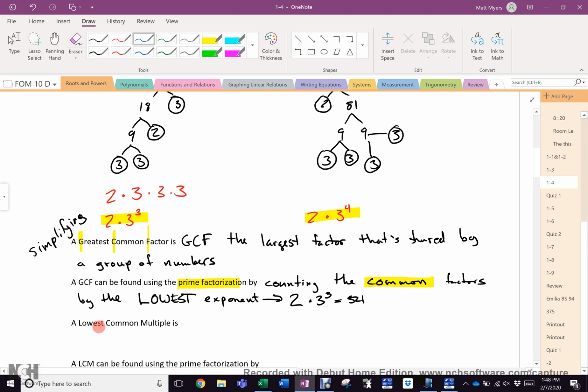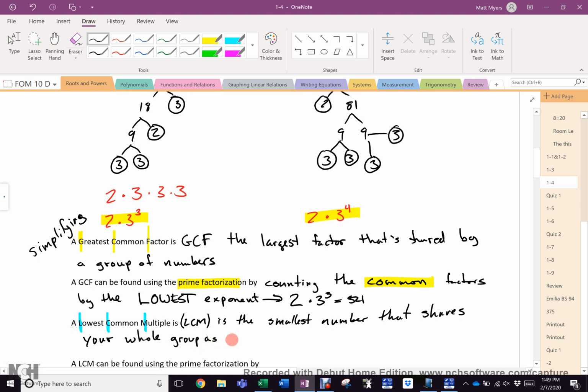The lowest common multiple, LCM, is the smallest number that shares your whole group as a factor.